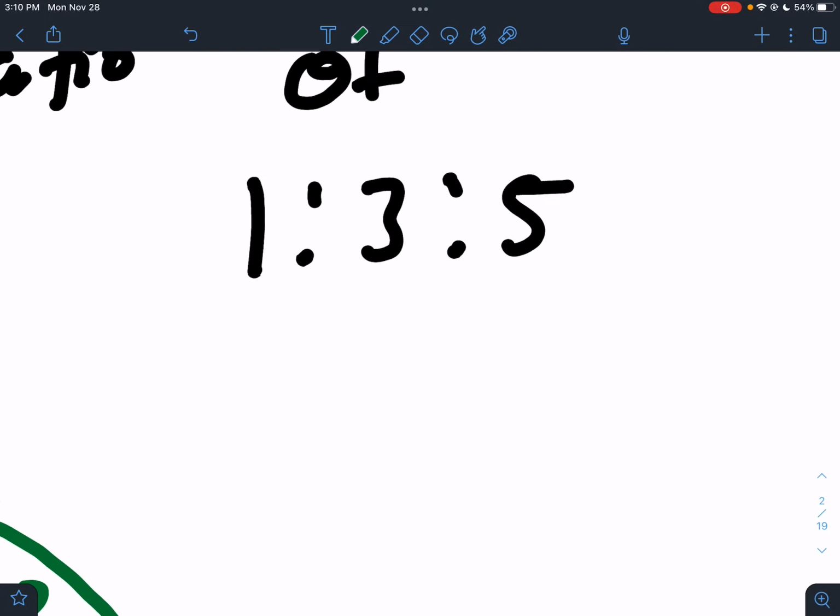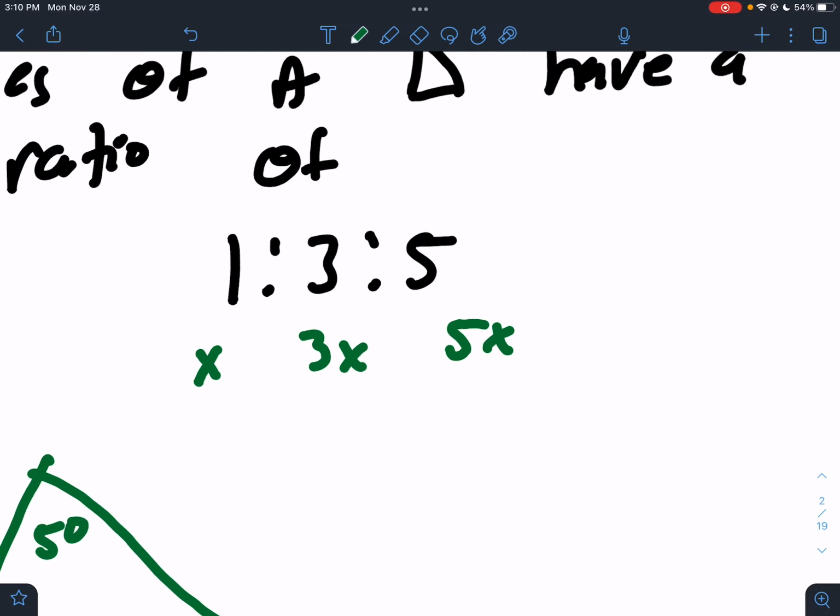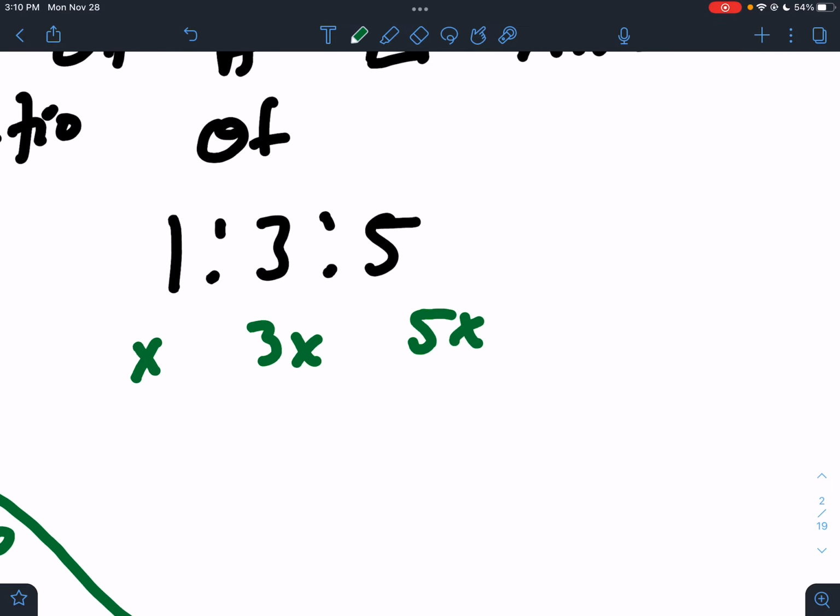We know that the ratio is 1, 3, and 5, but we don't know what they reduced by. So what we do is we multiply it by x. Why x? Because we don't know the number. So we're going to call the factor that we reduce by x. Well, 1 times x is just x, 3 times x, and 5 times x. We know it's the same number all 3 times.